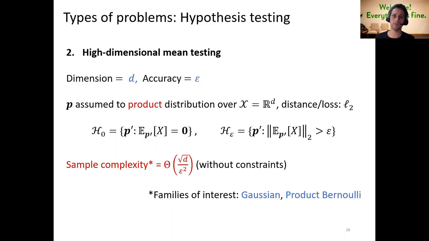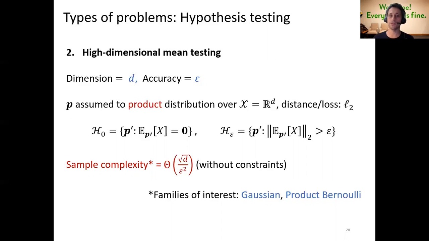The alternate hypothesis will be, no, actually this unknown distribution has a mean that has some noticeable magnitude. The L2 norm of the mean is actually at least epsilon. So you can see that as, well, H0, there is no signal, it's just noise. And H epsilon, oh, there is a noticeable signal, at least epsilon in magnitude.